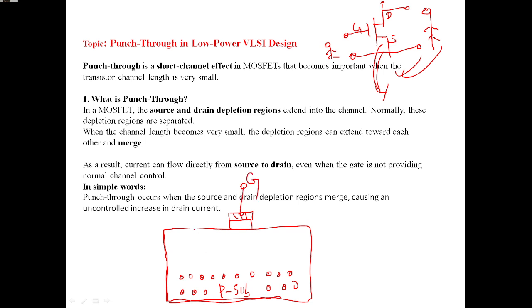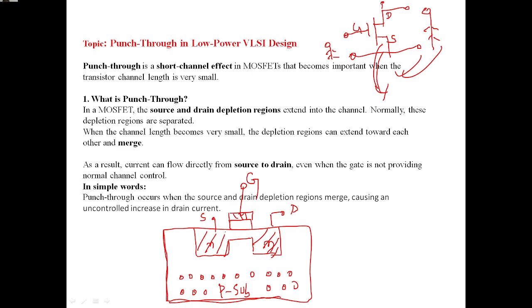And to design the source and drain terminals, we insert electrons into the P substrate. Here electrons are inserted or diffused. So this is named the source, and this is named the drain.